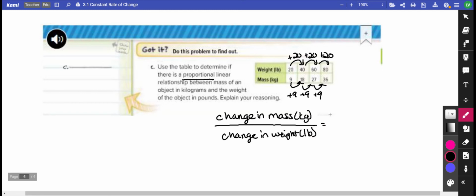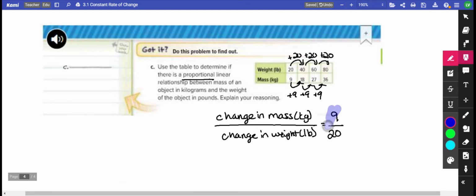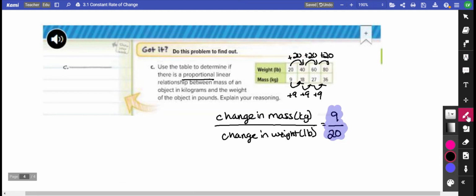Well, the change in mass in kilograms is 9, divided by the change in weight in pounds, which is 20. Now I can't reduce that down anymore, so that's going to be my answer for my constant rate of change. So this one has a constant rate of change. And again, I know that because each time my mass goes up by 9, my weight goes up by 20.